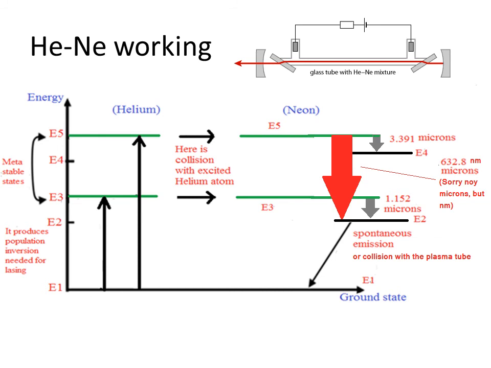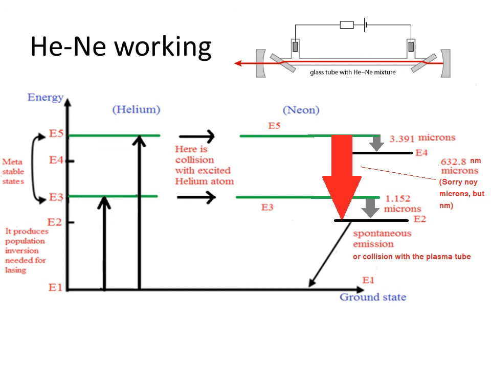In that process, it is not necessary that it will give out any photons. Most often this transition from E2 to E1 will be through collision at the walls of the plasma tube. Sometimes some spontaneous emission can also be the reason for the de-excitation, but most often the reason is collision of the gas molecules with the walls of the plasma tube.